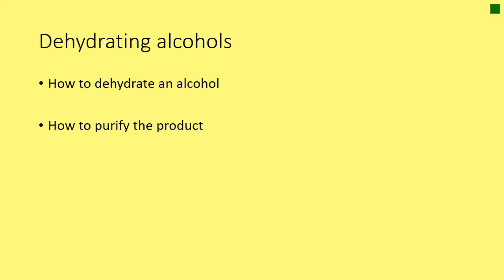Okay, so we're going to do two things in this lesson. We're going to look at how to dehydrate an alcohol, which is the elimination reaction mechanism. We'll have a look at that in detail, a couple of examples of that, and also an alternative way, which is thermal decomposition.